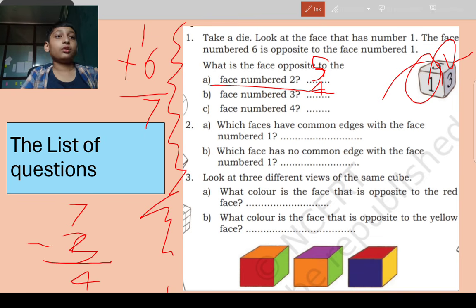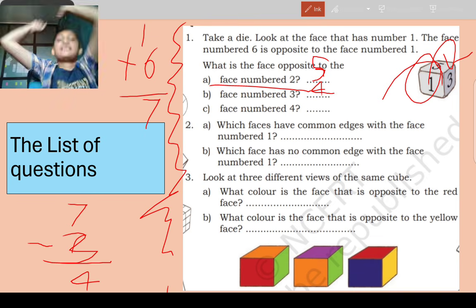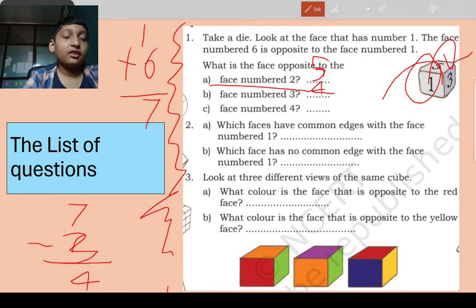But wait! We already have 4 here, so that means 3 is its answer, because 3's opposite is 4, so of course 4's opposite would be 3.